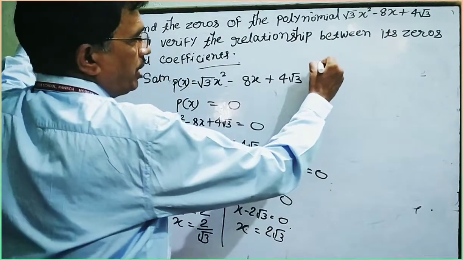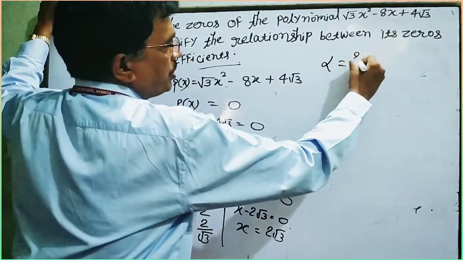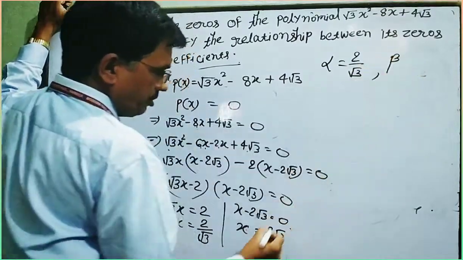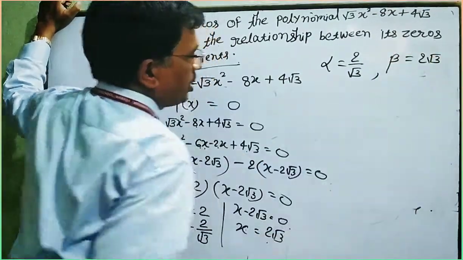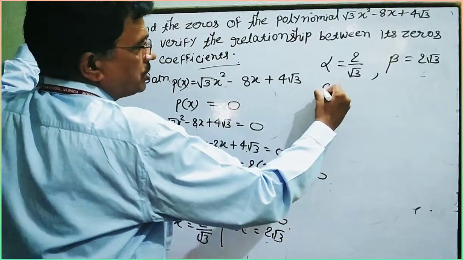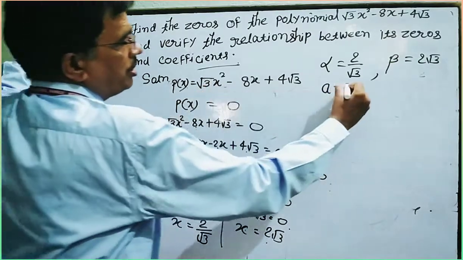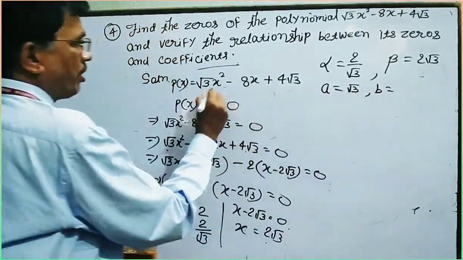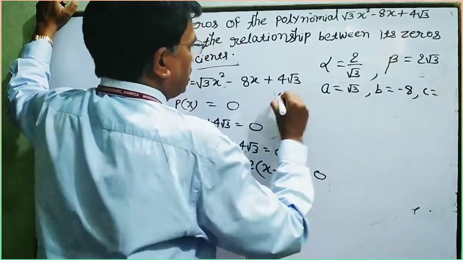So we write alpha is the first zero, that is 2 by root 3, and beta is the second zero, that is 2 root 3. Now you have to find the relationship. So we write, what is a? a is root 3, the coefficient of x². b is the coefficient of x, that is minus 8, and c is 4 root 3.